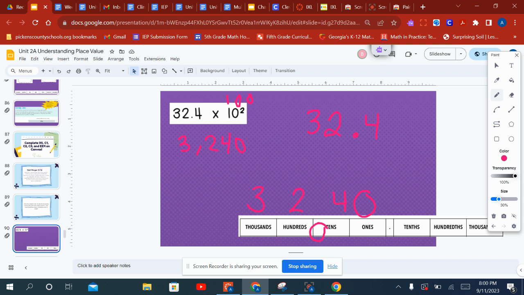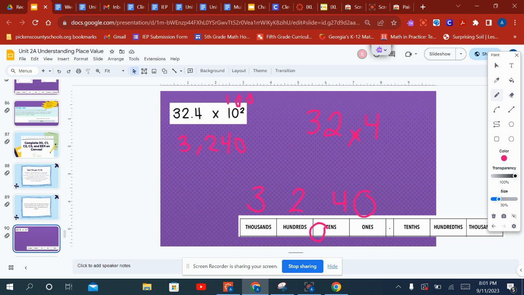In order for it to get larger, my digits are going to have to move up in place value. When I move up in place value 2 times, it's going to automatically shift my decimal. So I'm going to cross off my decimal, okay? And when I move my digits up in place value, my decimal is being shifted to make my number larger.